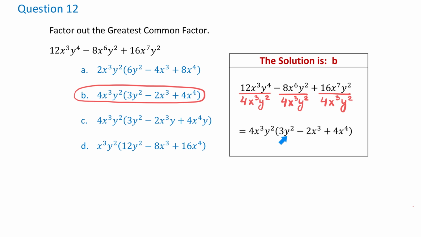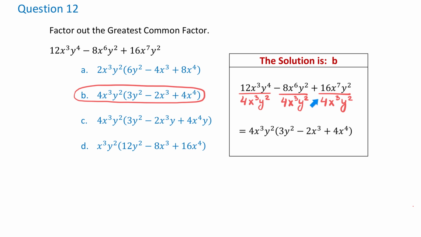Therefore, the first term here is 3y squared. Then we bring down the negative, and 8 divided by 4 is 2, x to the sixth power divided by x cubed is x cubed, and y squared cancels. Then the second term is minus 2x cubed.